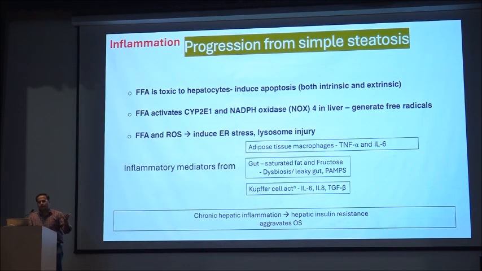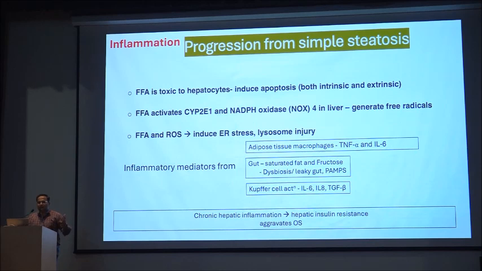And progression from steatosis to inflammation: free fatty acid is toxic to hepatocytes. Whenever it is taken inside, it induces hepatocyte apoptosis by both the intrinsic and extrinsic pathways. It activates CYP2E1 and NADPH oxidase to generate further free radicals, further worsening the presence of reactive oxygen species, and that leads to endoplasmic reticular stress, lysosome injury, and further perpetuates inflammation.